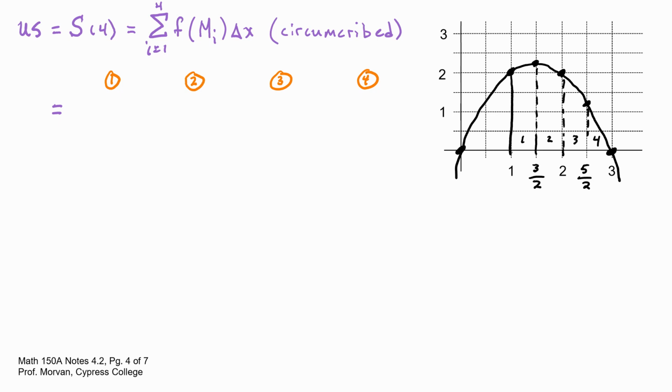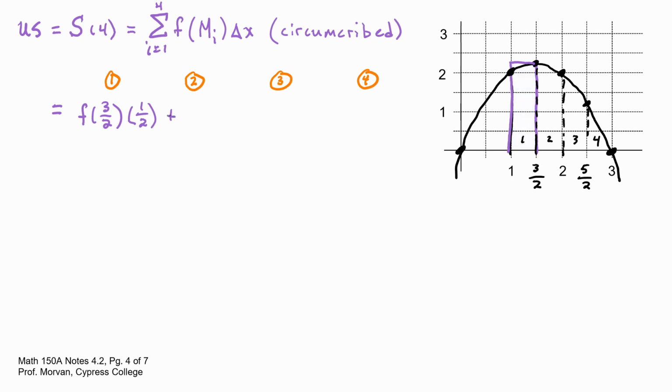So in region 1, we have to choose the rectangle that will be circumscribed. So that means we have to choose the x value of 3/2 so that we get the rectangle that actually goes outside of the area under the curve. So we will be doing f of 3/2 times delta x, which we know is 1/2.